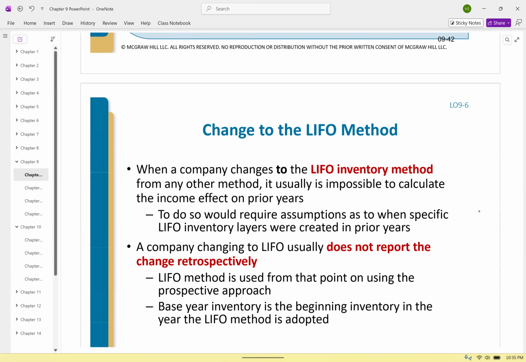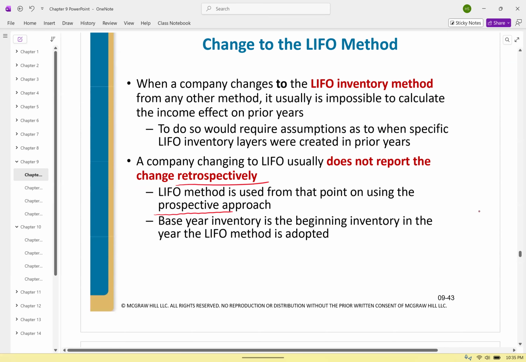So we require assumptions as to when specific LIFO inventory layers were created. A company changing to LIFO does not report the change retrospectively. They go forward, that is, prospectively. Then the base year inventory is the beginning inventory for the year LIFO is adopted.